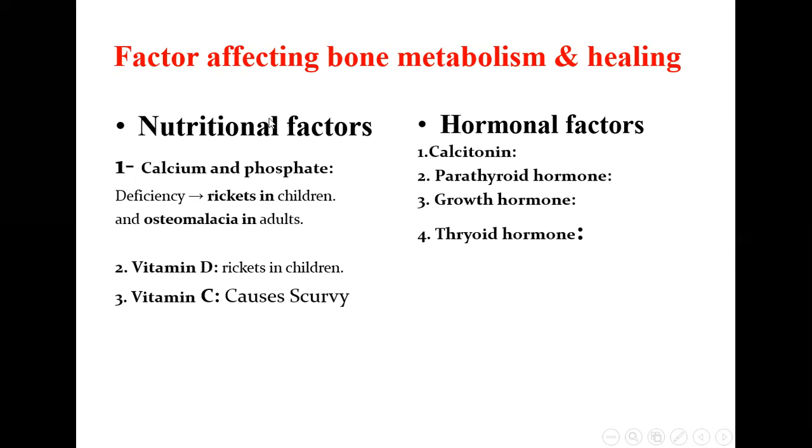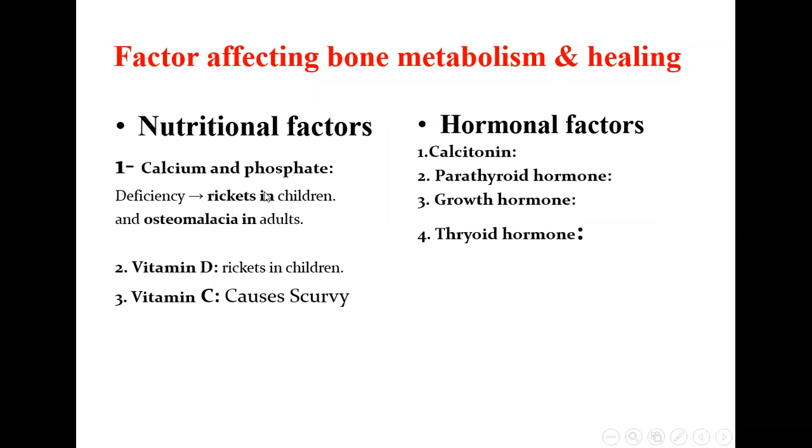The nutritional factor, especially calcium and phosphate, is very important. These are the very important nutrients necessary for the bone. Deficiency of these nutrients will lead to rickets in children, and in adults it will lead to osteomalacia.